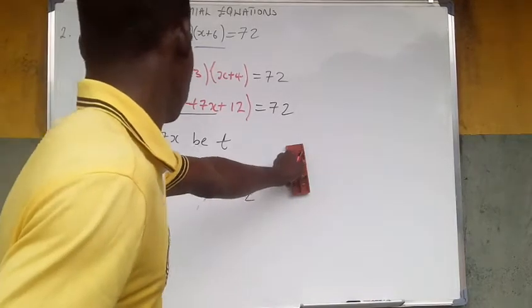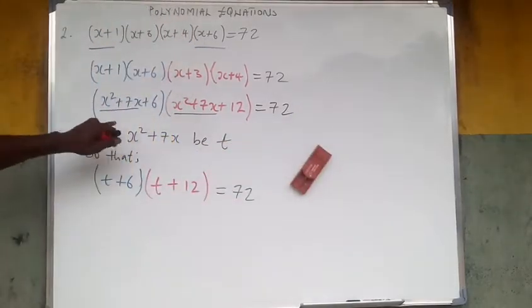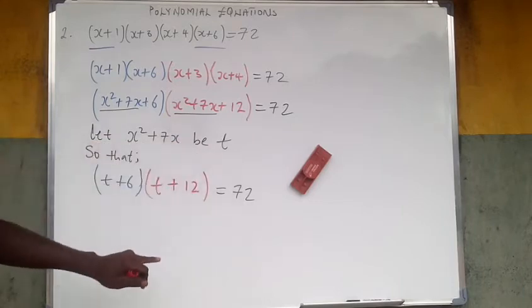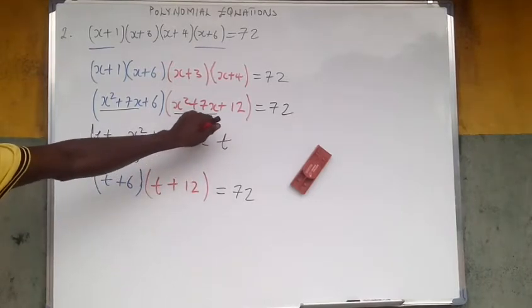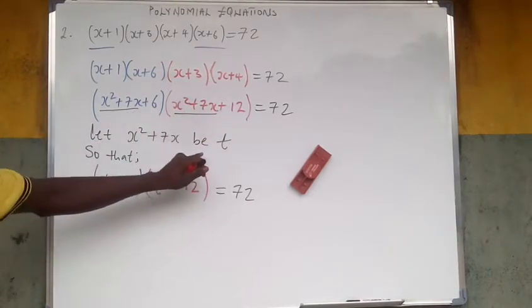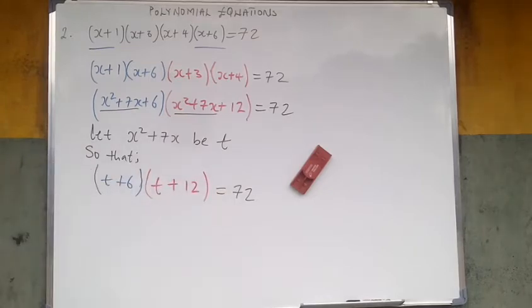So we have t plus 6, here is the same thing as this, t plus 12 equal to 72.